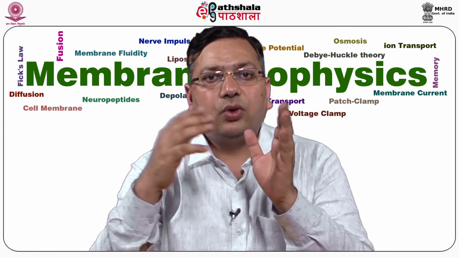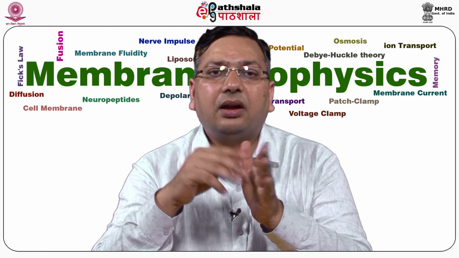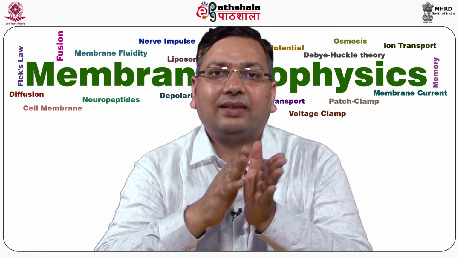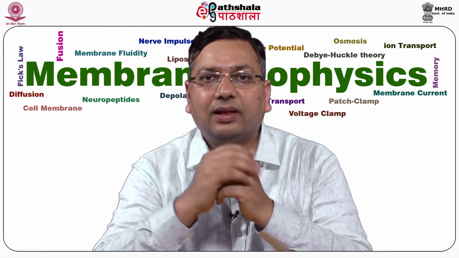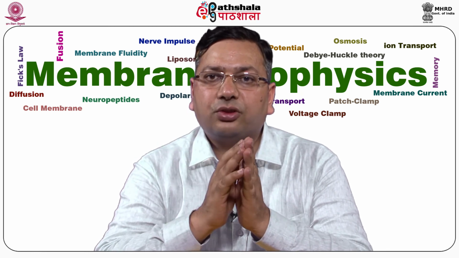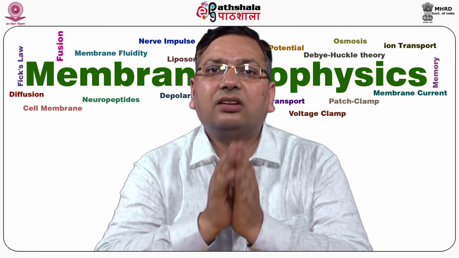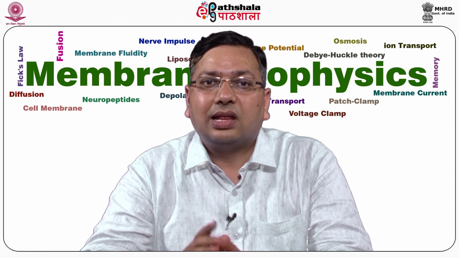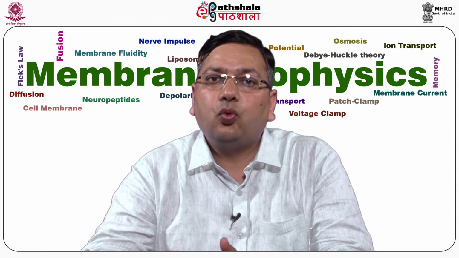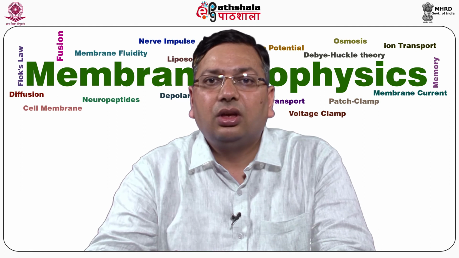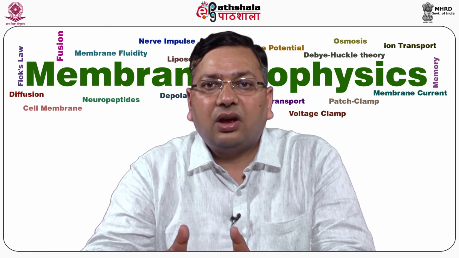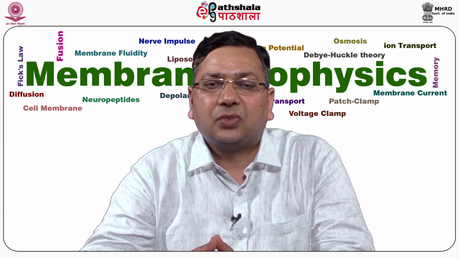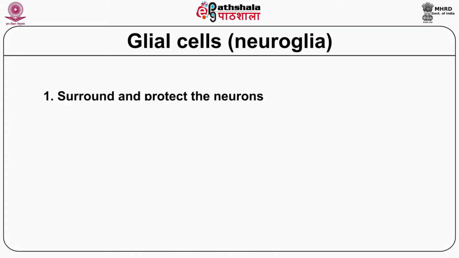When we talk about neurons, the other thing we have is the neuroglia or glial cells, which are non-neural cells that provide physical protection to the neurons in the central nervous system as well as in the peripheral nervous system. These cells are required to form the myelin sheath. In general, glial cells have the following functions. Number 1, they surround and protect the neurons.